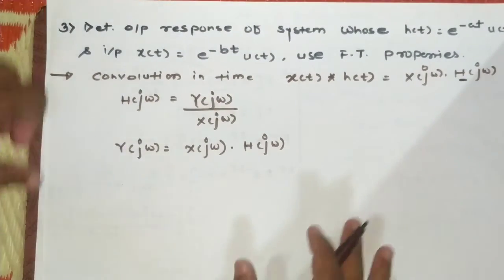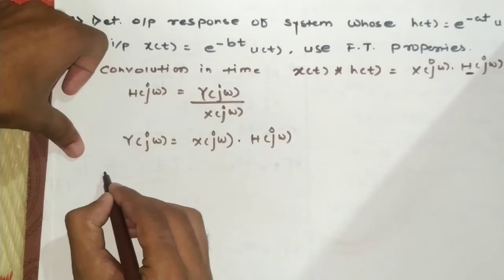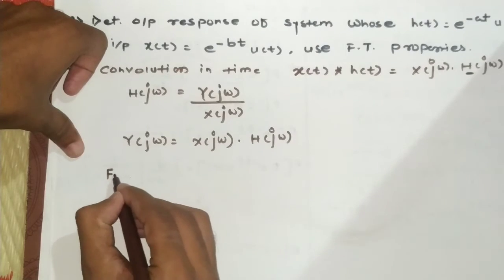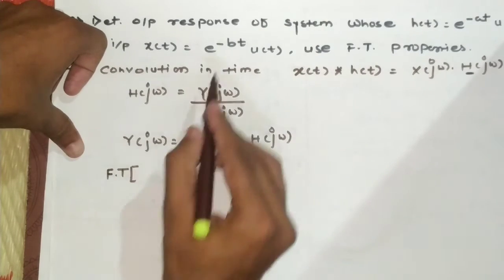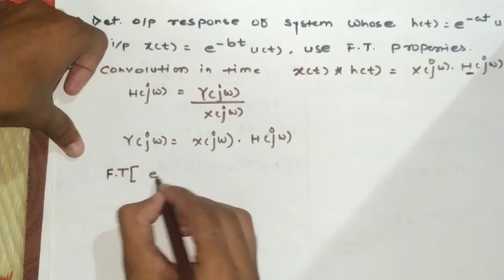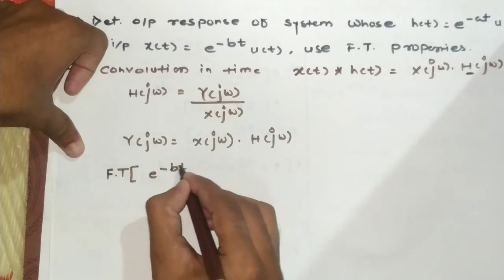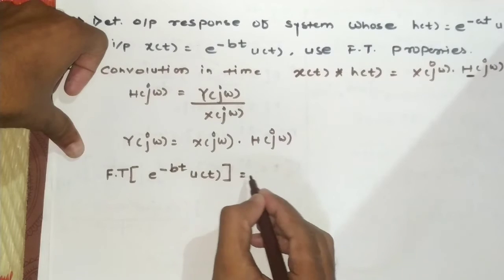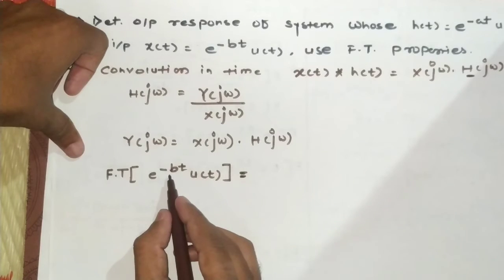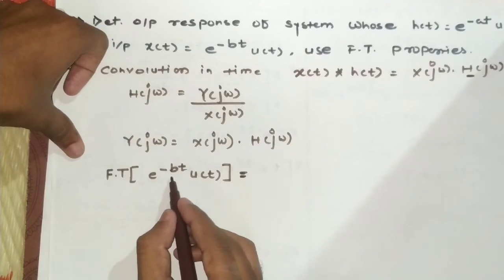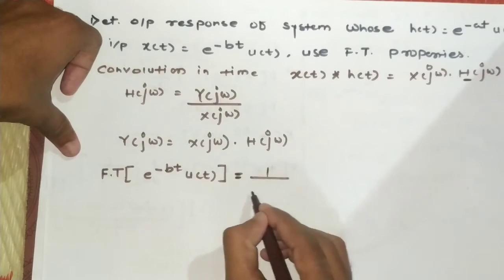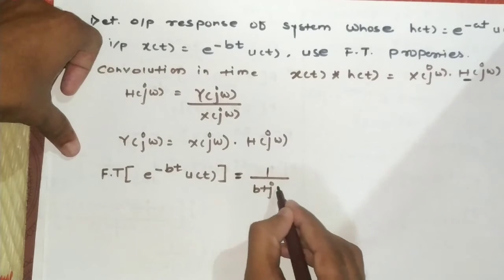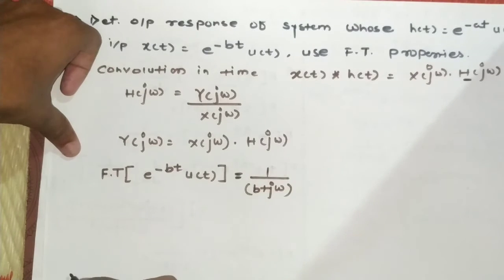So for that case, let us put those values. Fourier transform of input signal e raised to minus bt into u of t. Now friend, the same term arises here, only the change is we have b here. So I can write its Fourier transform as 1 upon b plus j omega.